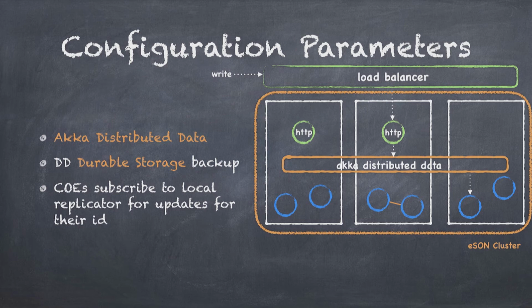So it's extremely convenient, and as long as one node in the whole cluster is up, that data is preserved. And if all nodes in the cluster go down, we're using the durable storage backup of Akka distributed data that allows us to recover those parameters in that case.